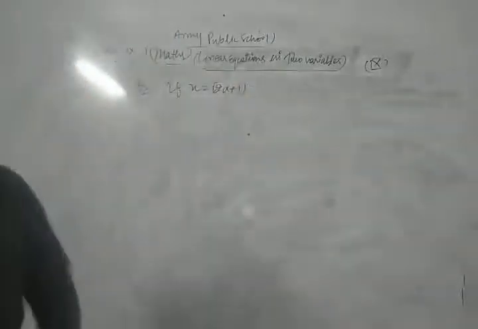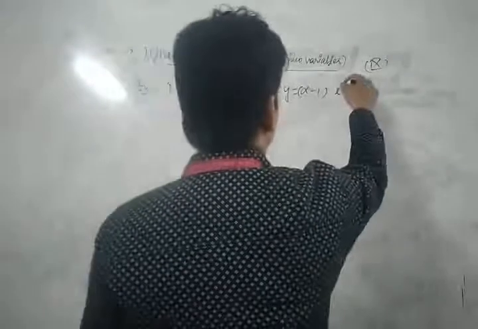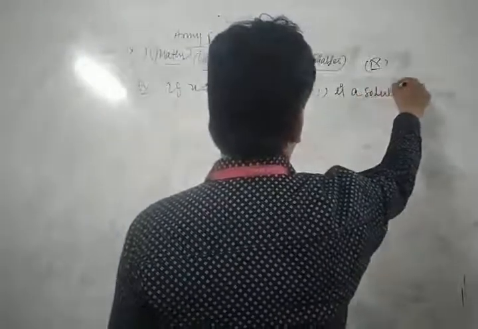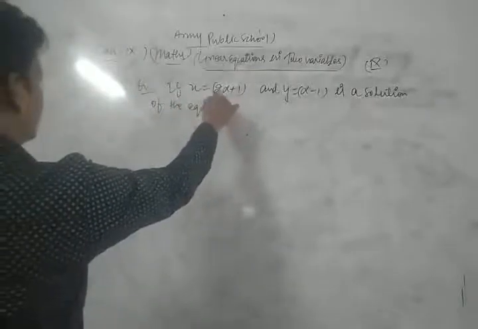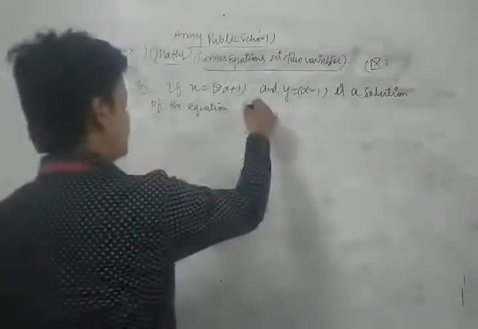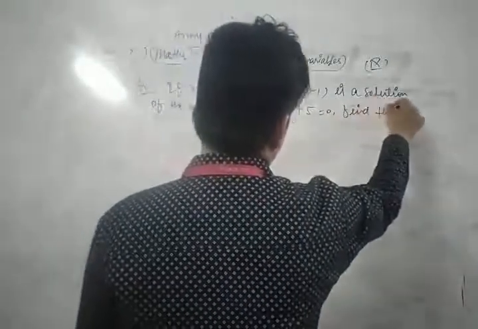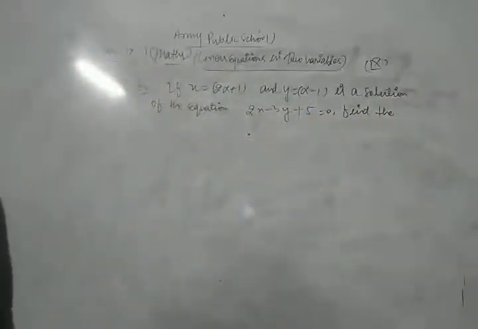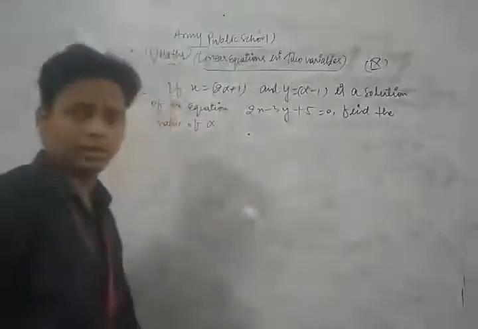If x is equal to 2 alpha plus 1 and y is equal to alpha minus 1 is a solution of the equation 2x minus 3y plus 5 is equal to 0. Find the value of alpha.